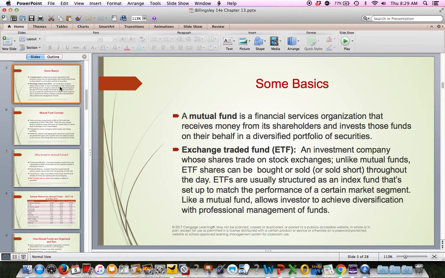An ETF is an investment company whose shares trade on the stock exchange like a stock. I mean, they work exactly like a stock.